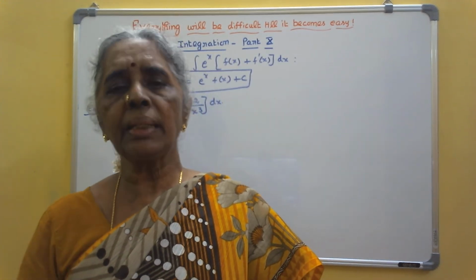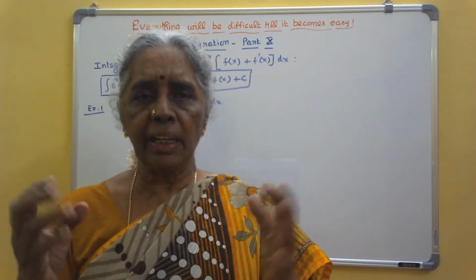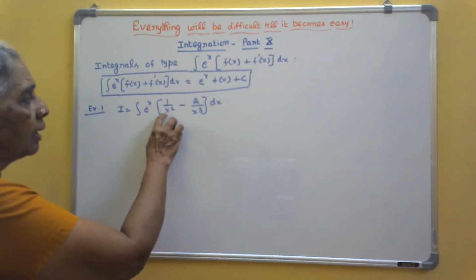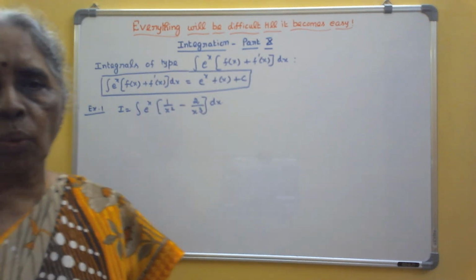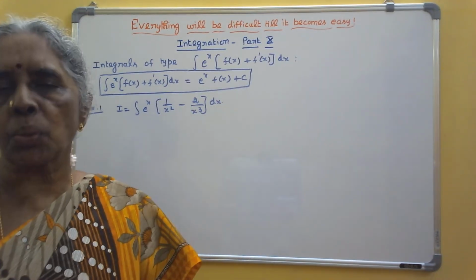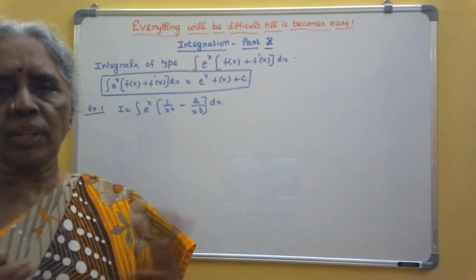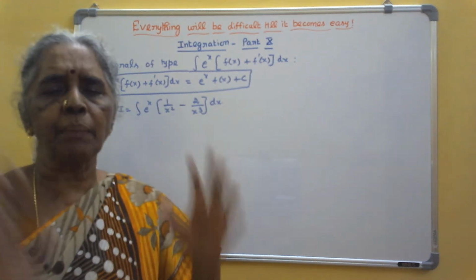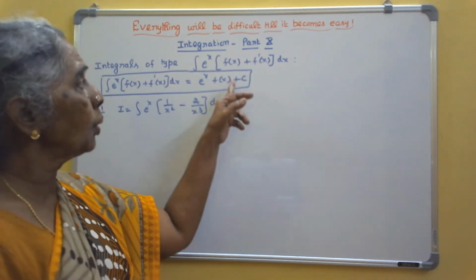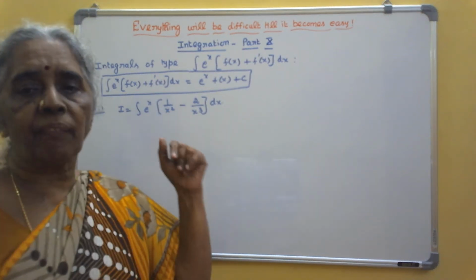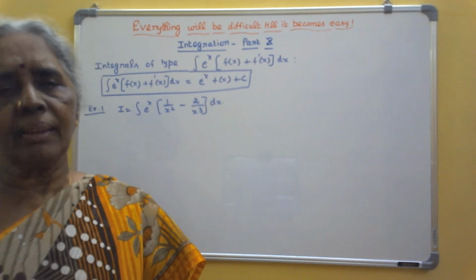If they ask you in the MCQ, no need of any steps, isn't it? So here, if you see, if your f of x is 1 by x squared, you know the f dash of x is minus 2 by x cube. So you can straight away tick the answer e power x into 1 by x squared plus c. Because you know this formula, so you can write that e power x into f of x plus c. Straight away it is over.